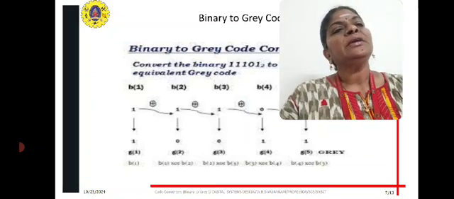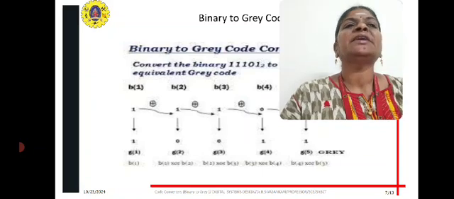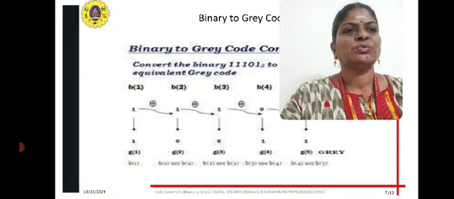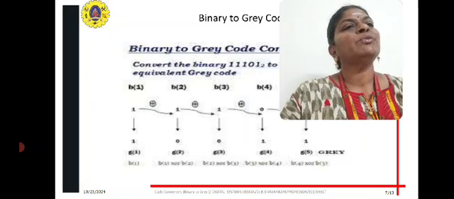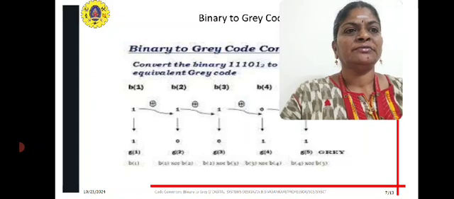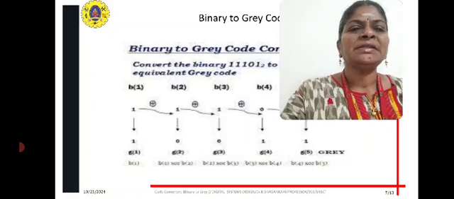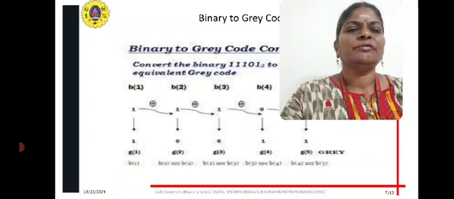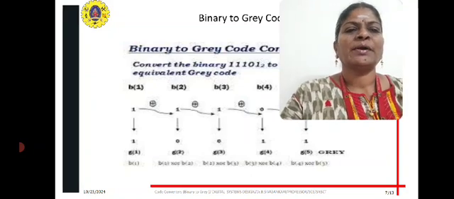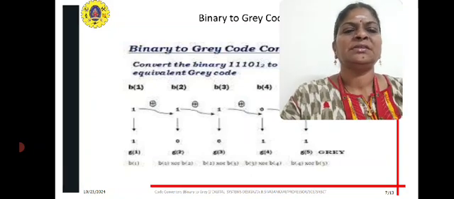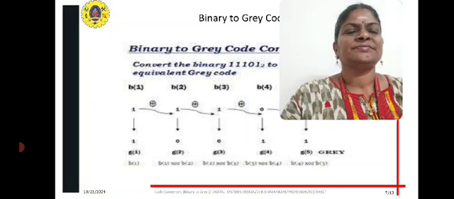Binary to gray means from B0, B1, B2, B3 we have to convert to G0, G1, G2, G3. For example, let us take a 4-bit number like 0010 or all zeros, any example. Here I have taken 11101 as an example.